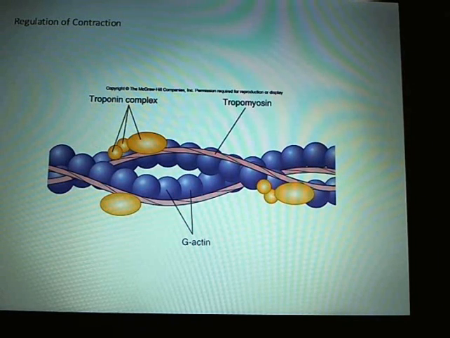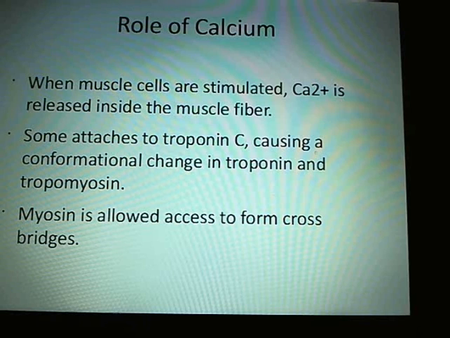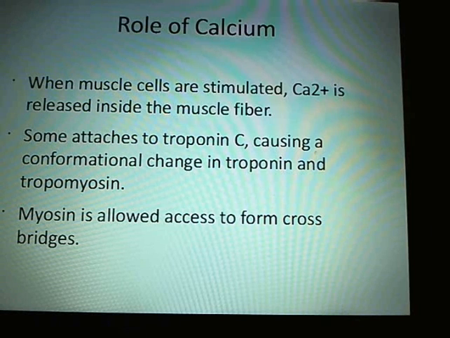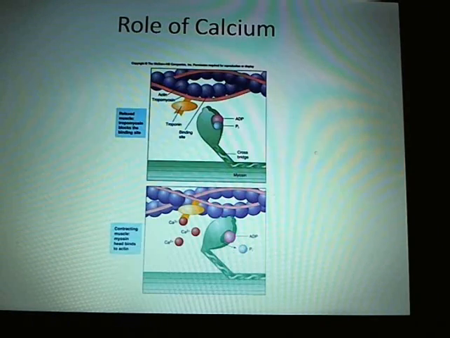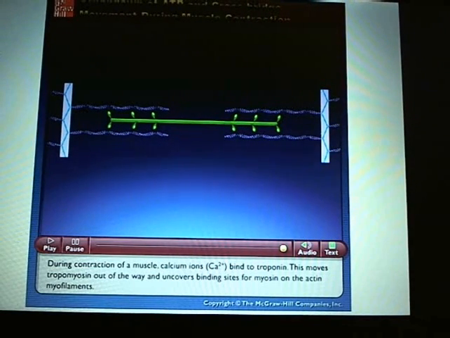Nothing's happening right here. When muscle cells are stimulated, calcium is released into the muscle fiber. This attaches to the troponin C, causing a conformational change. This gives the myosin access to form cross bridges, and the cross bridges are what allow the muscles to contract. And again, this is probably not going to play on this.